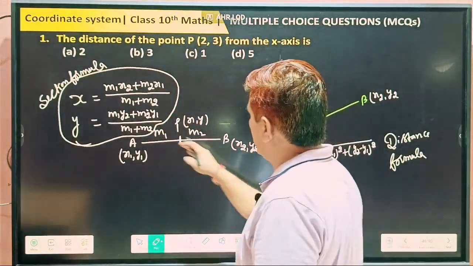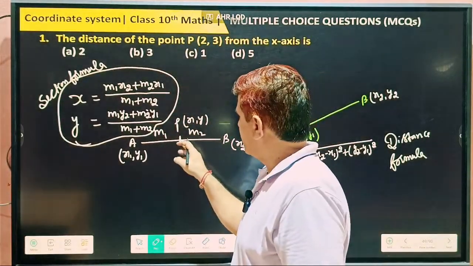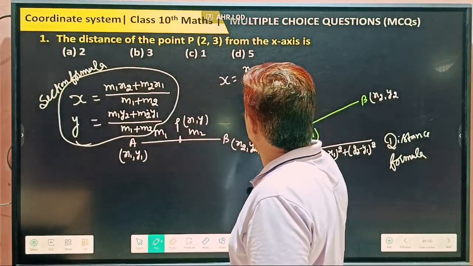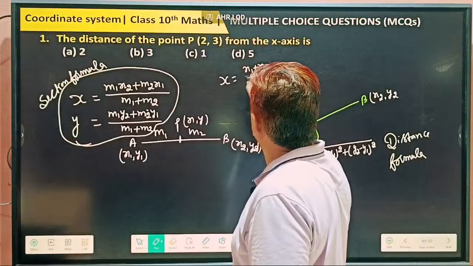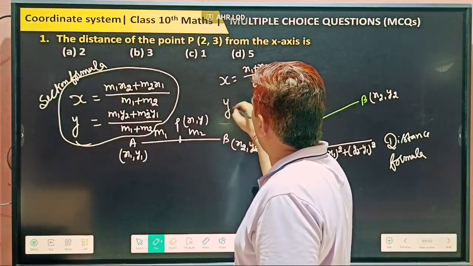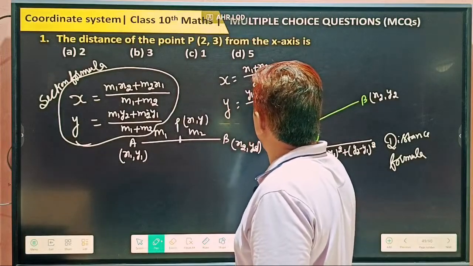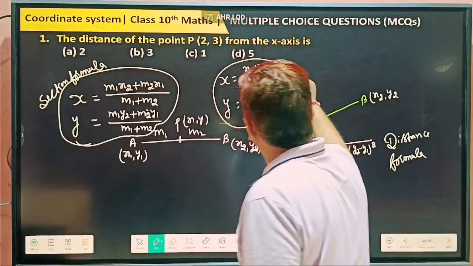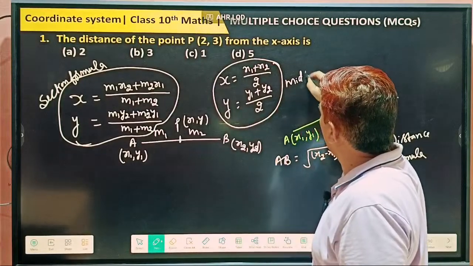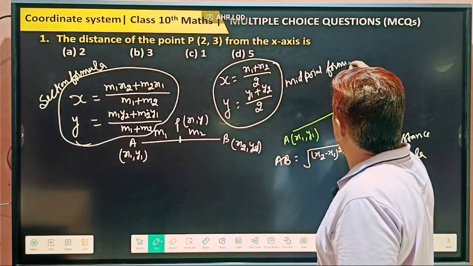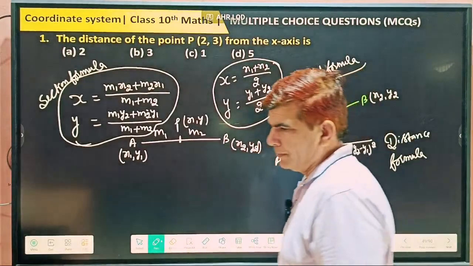Understood? And if this ratio becomes equal, P becomes the midpoint, then x is equal to (x1 plus x2) by 2, and y is equal to (y1 plus y2) by 2. This is called the midpoint formula.